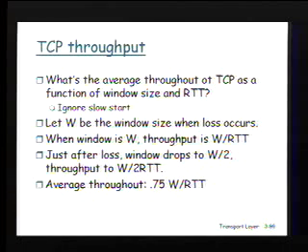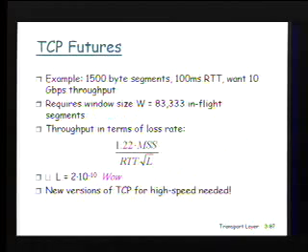So now we know how to plug in this value of W based on the loss probability in the network. Some constant divided by square root of P. Now look at this example.